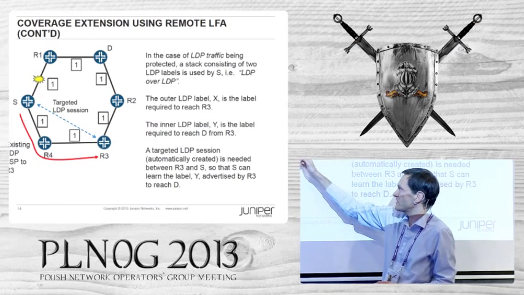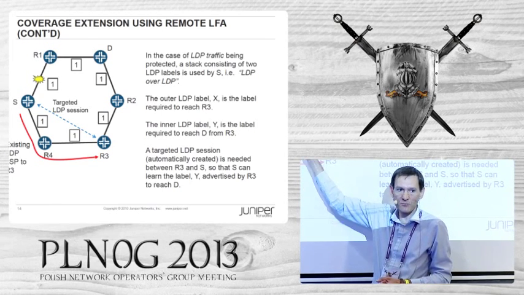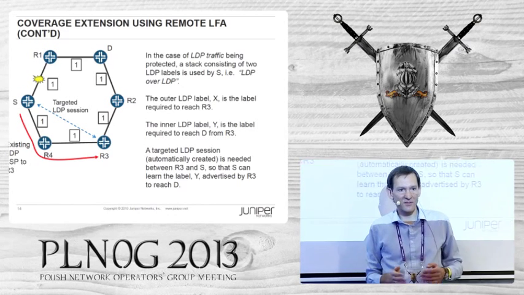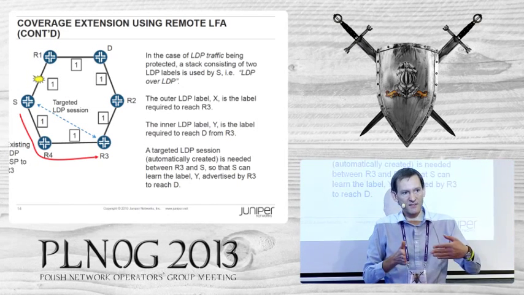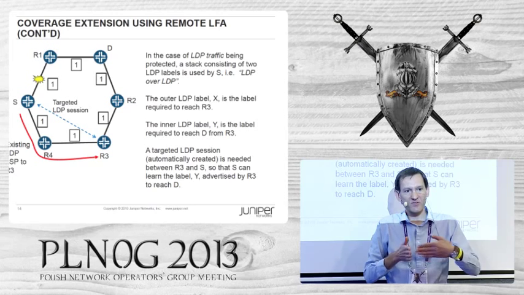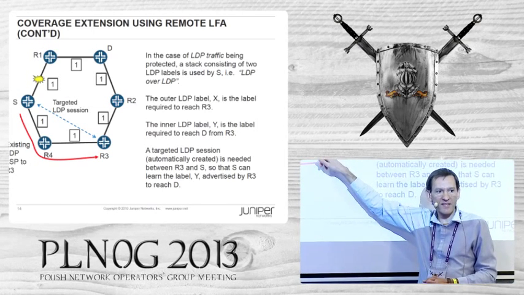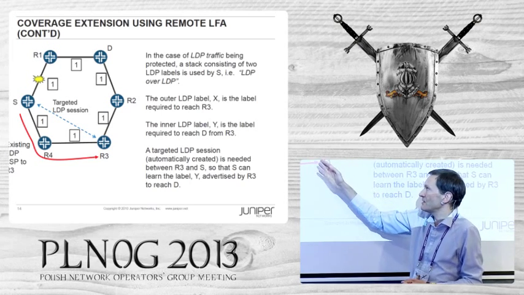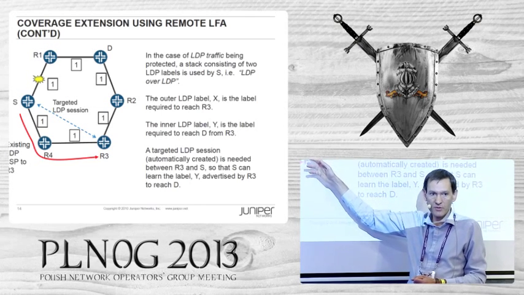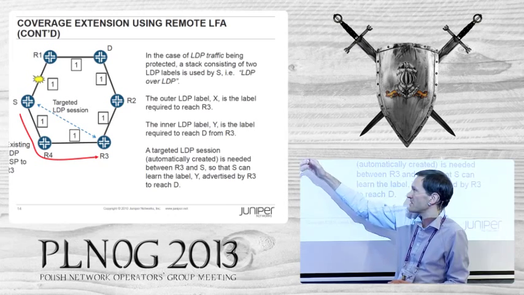And so for that reason, a targeted LDP session is set up between these two routers. And implementations are such that this would be set up automatically. So if S identifies R3 as a remote neighbor that he needs to use, then this LDP session would be set up dynamically in order to exchange that label value.